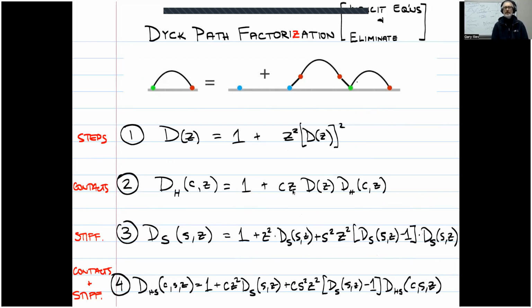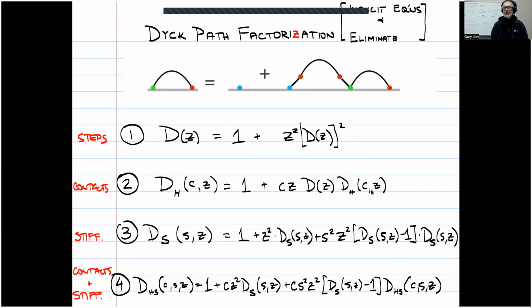So it picks up a factor of, oh, and I'm missing a Z squared. I have a missing coefficient of power of Z here in equation 2. But once the walk steps up, this portion that's between these two red vertices, that's a Dyck path with no contact. So that's just what I called D of Z in equation 1. And then once it returns to the surface, it picks up a contact. That's my C term right there. And then it completes in anything that can have contacts and total number of steps Z.